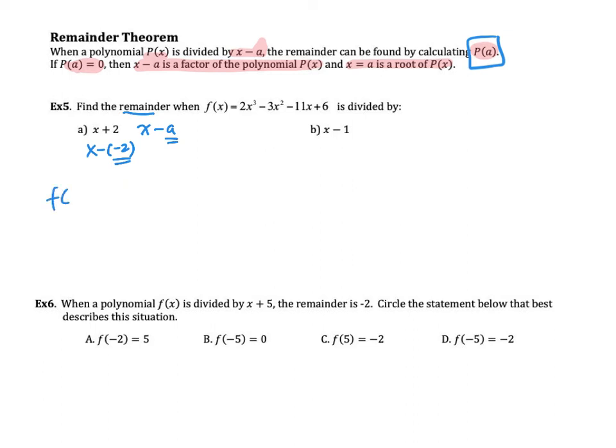So if I take f of negative 2, right, so 2 times negative 2 cubed minus 3 times negative 2 squared minus 11 times negative 2 plus 6, and I need to calculate this. So you guys can pause and go ahead and calculate on your own, or you can follow me.